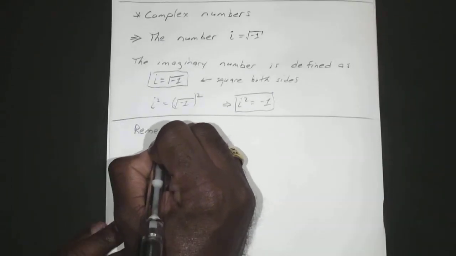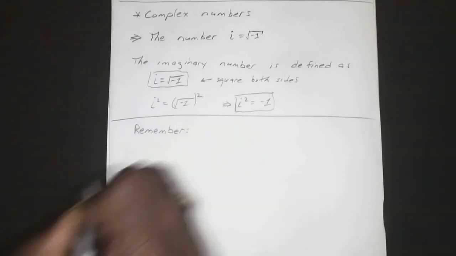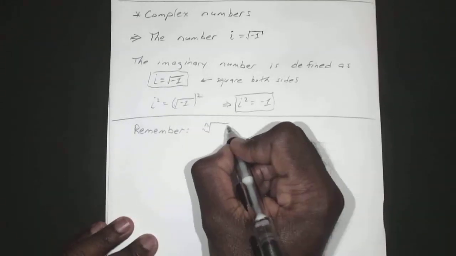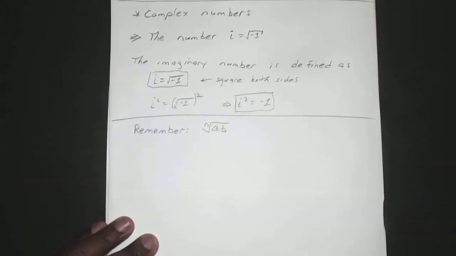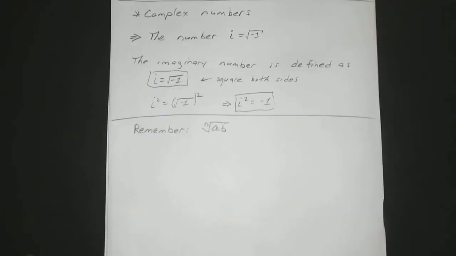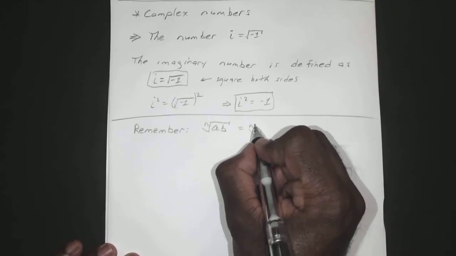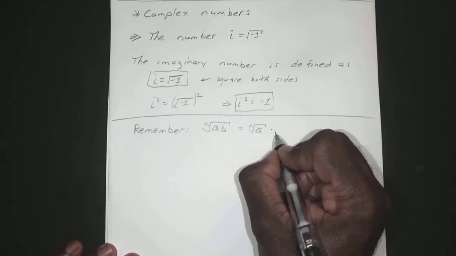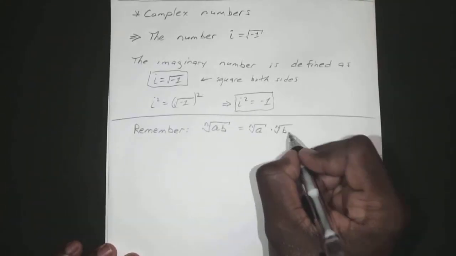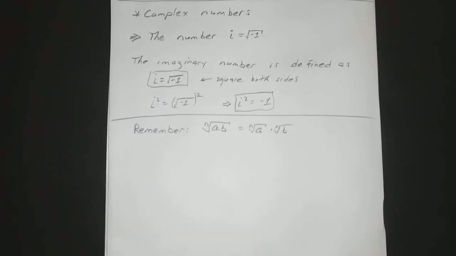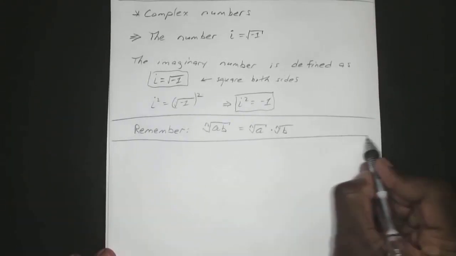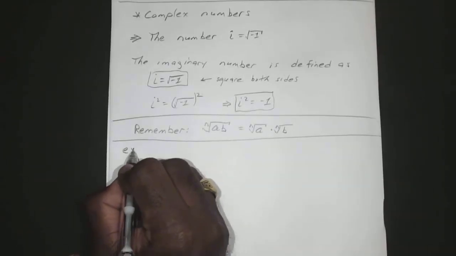Now remember that if you have the nth root of any product, let's say A and B, you can just separate those as long as you're just multiplying. So you have the nth root of A times the nth root of B. Okay, so we're going to use that to convert the next couple of examples.